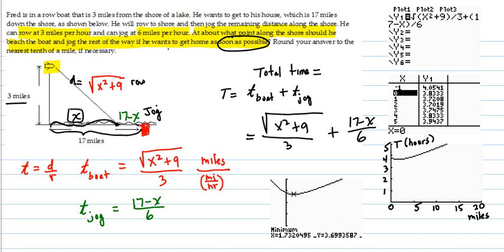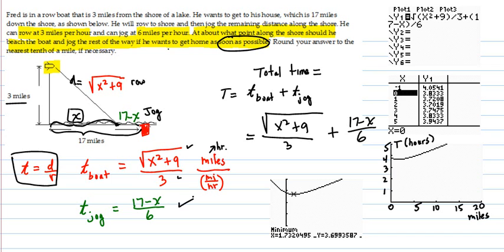So we're minimizing the time. So time is distance over rate. So the time in the boat is the distance over the rate, and that's miles over miles per hour, which does lead to hours when it cancels out there. So it's the right units.